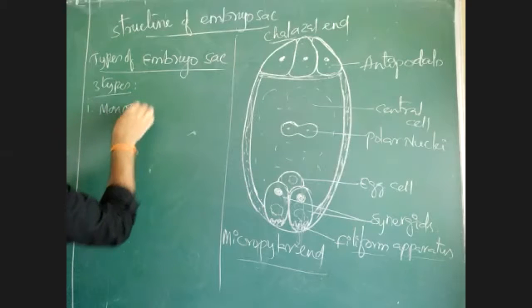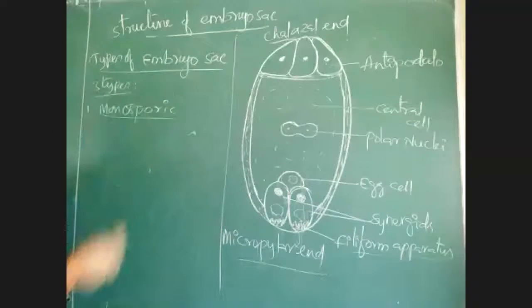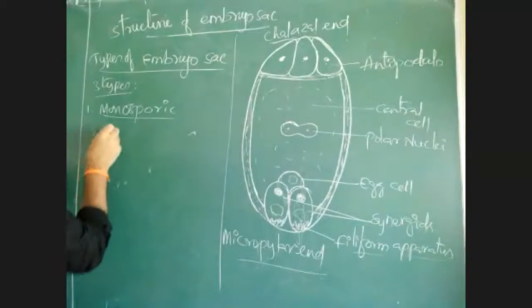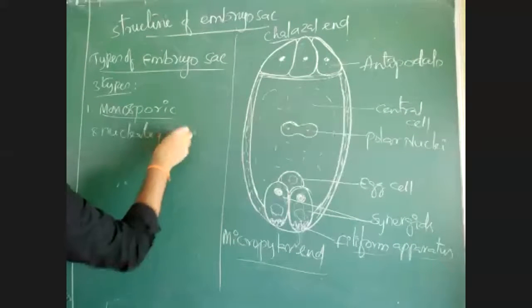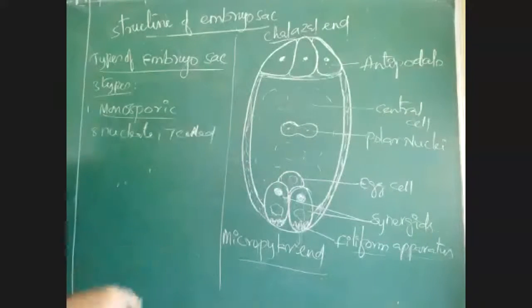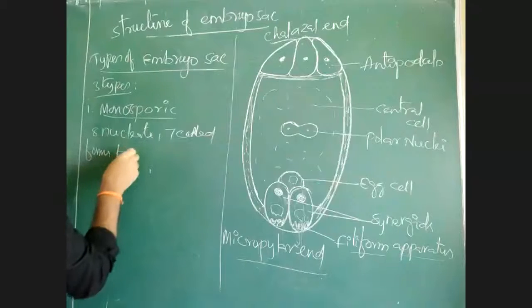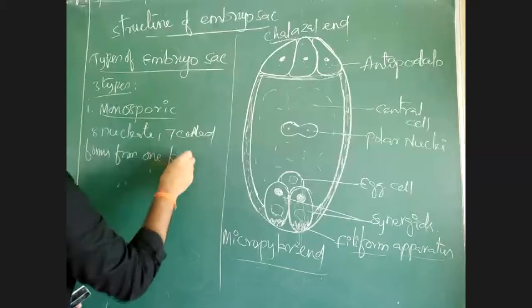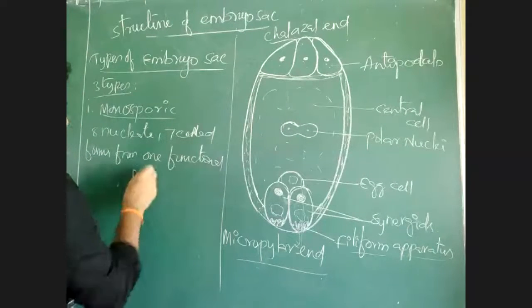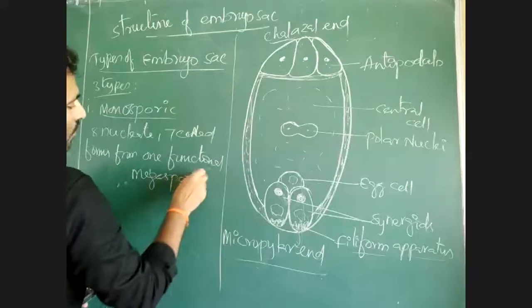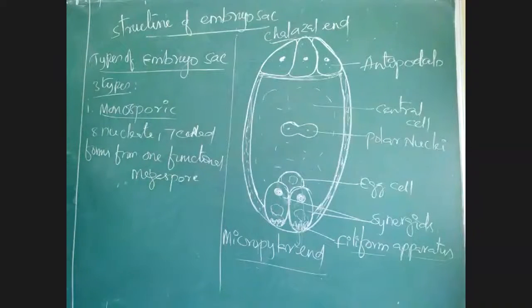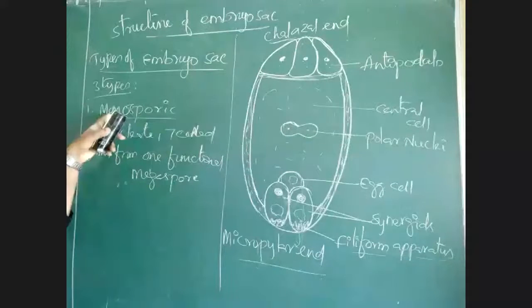Monosporic embryo sac: the 8 nucleate, 7 celled embryo sac that forms from one functional megaspore is called monosporic embryo sac.